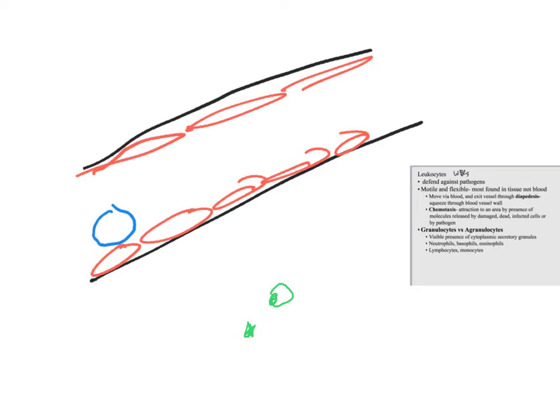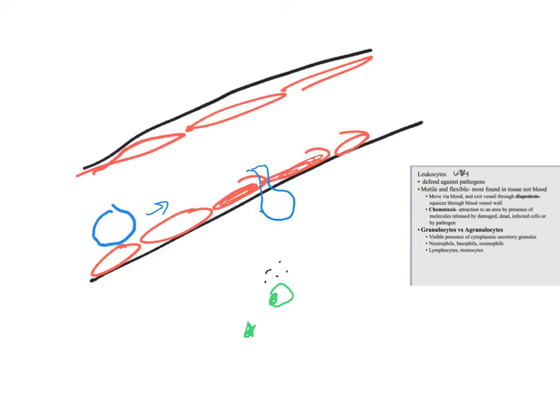And this white blood cell rolls through, and maybe there's a chemical that's released by this bacteria that attracts this white blood cell to start to squeeze through and enter the tissue around it. And that process of squeezing through the edge of the vessel wall is called diapedesis.